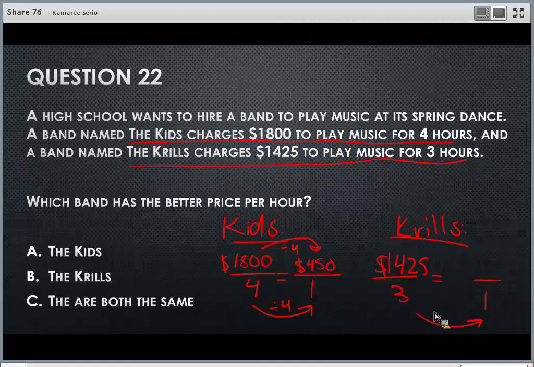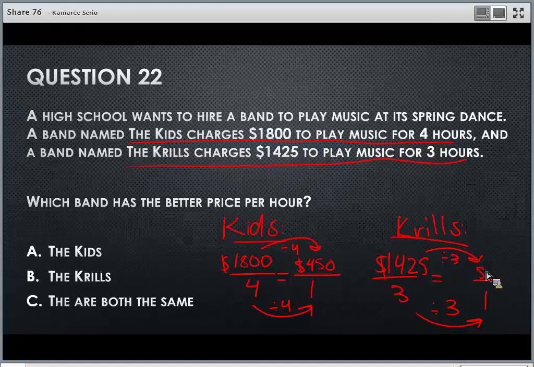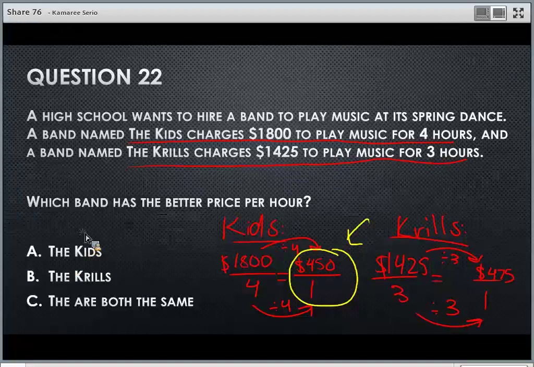So if I want to know how much they charge for every one, 1,425 divided by 3, and they charge $475 per hour. Since the Kids are cheaper, 450 is less than 475, the Kids have the best price per hour.